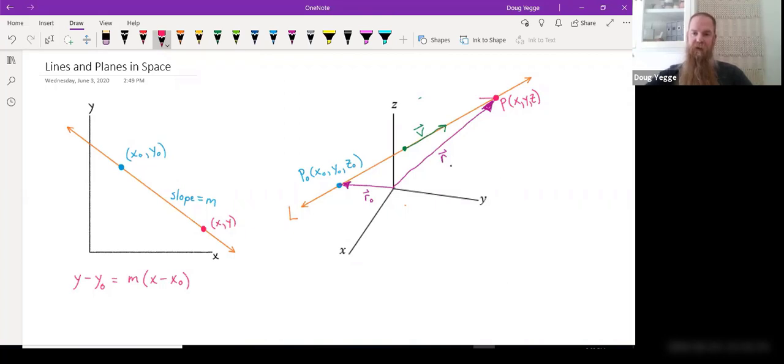Think about that a minute. If I draw a line from P0 to P, a vector from P0 to P, that would be parallel to the vector v. So I know that L is the set of all points where P0P is parallel, or in other words, a scalar multiple of vector v.